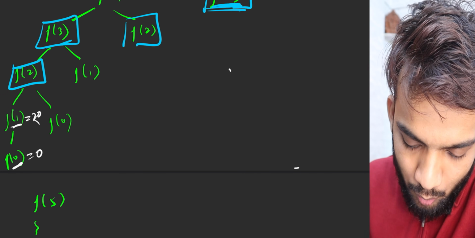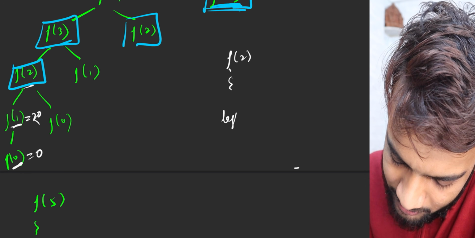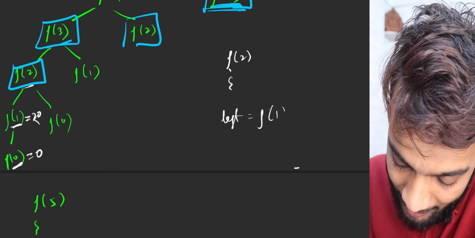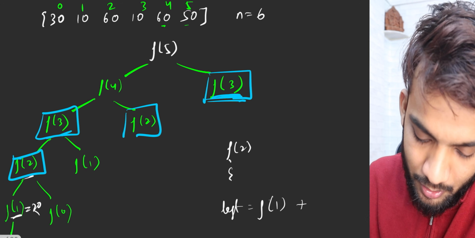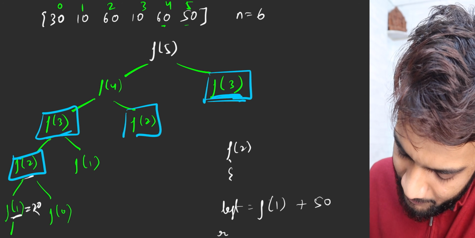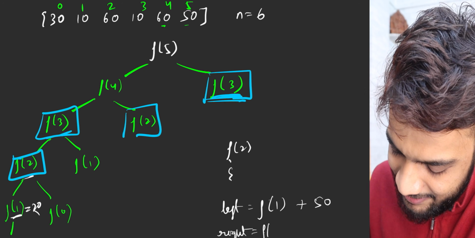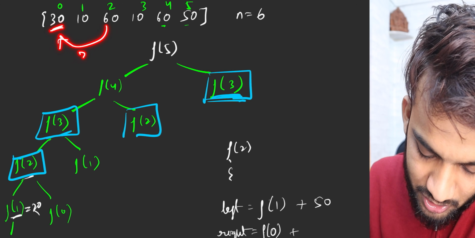Nice. Now we are at f of 2. So f of 2 would have called the left recursion as f of 1 plus a jump from 2 to 1, which will cost him 50. And there will be a right jump, which will be directly to f of 0. Now there will be a jump from 2 to 0, which will cost him 30.